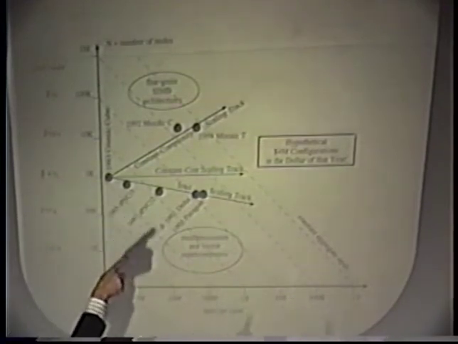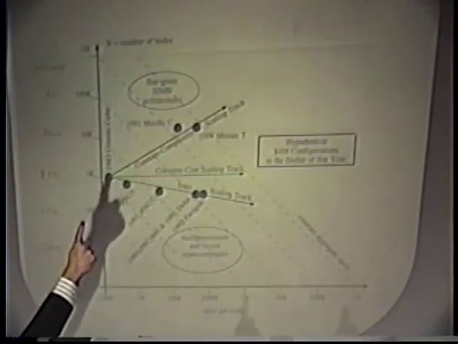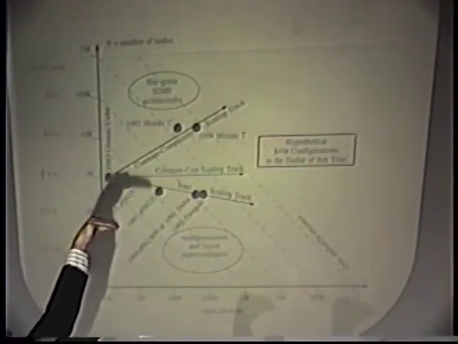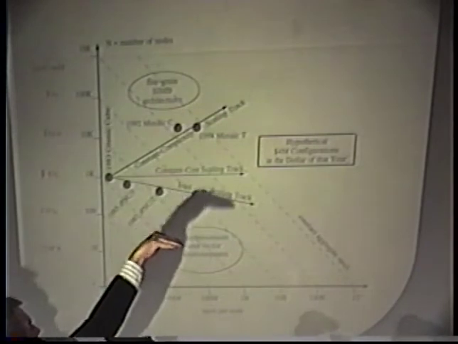So indeed, a 1,000 node machine would have done a bit over 100 million operations per second. These successive Intel introductions seem to be cutting across this constant aggregate performance rather obliquely.